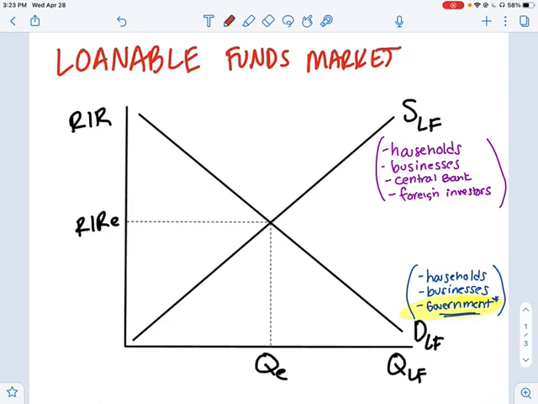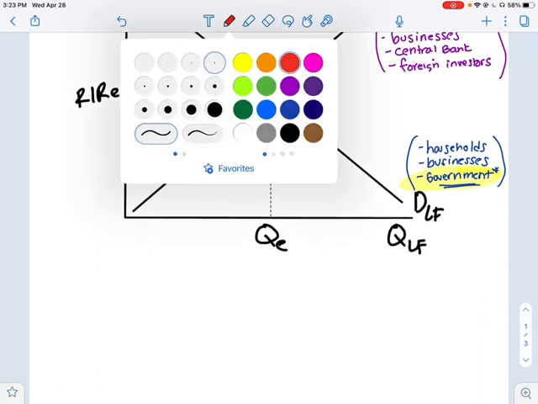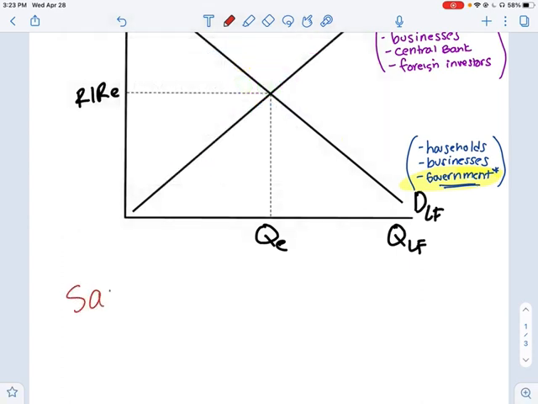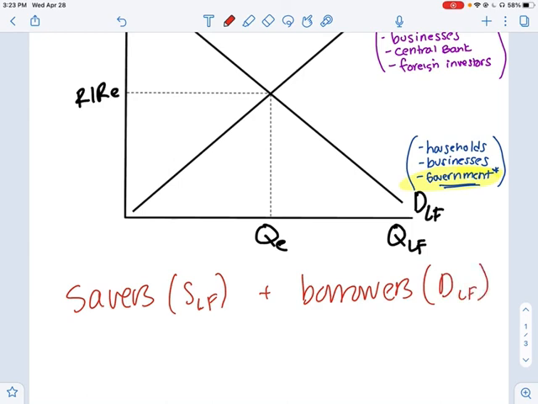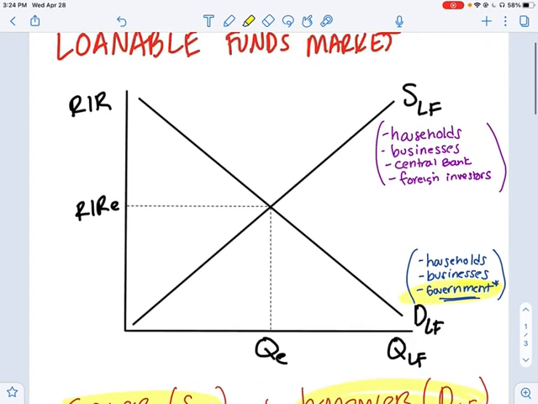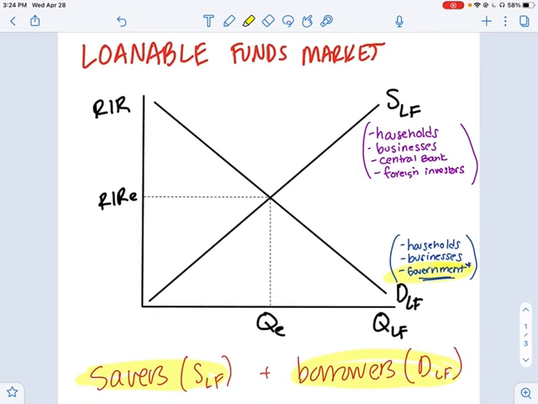This is about the relationship between savers and borrowers. The savers are the suppliers of loanable funds. The borrowers are the demanders of loanable funds. And that is the loanable funds market graph. And we're going to follow this up with some practice because we have to learn by doing. But this is the graph in general, and now you're ready for the next step.